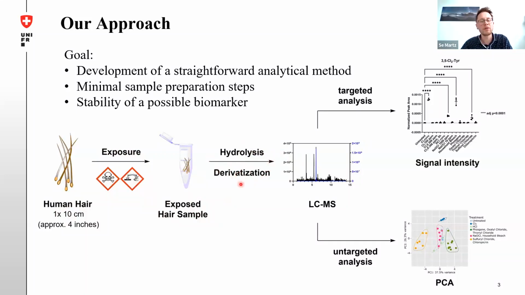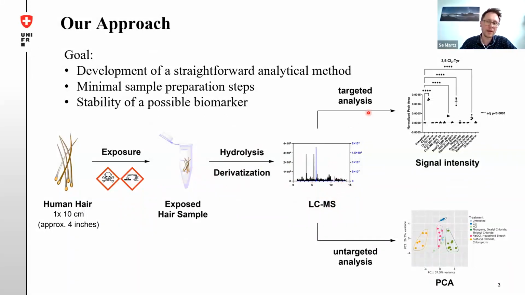That means we were cutting down the protein keratin, which is the main component of hair, to the level of individual amino acids. And these derivatized amino acids were then analyzed by liquid chromatography coupled with mass spectrometry.